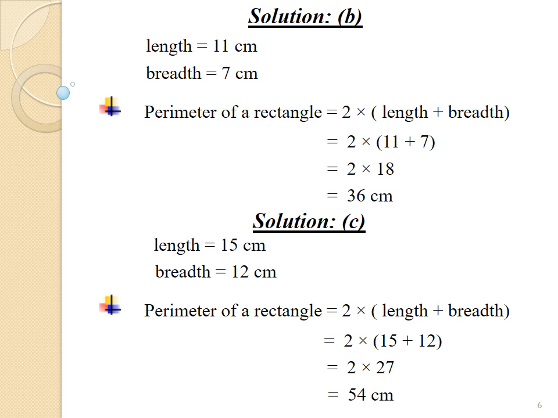Now, sum C. Length equals to 15 centimeters. Breadth equals to 12 centimeters.